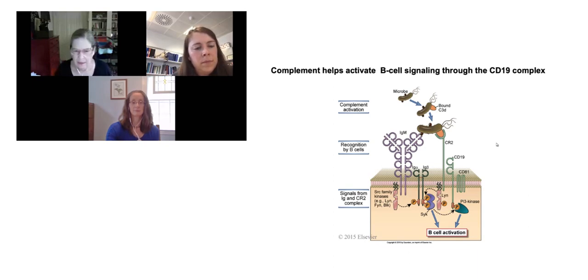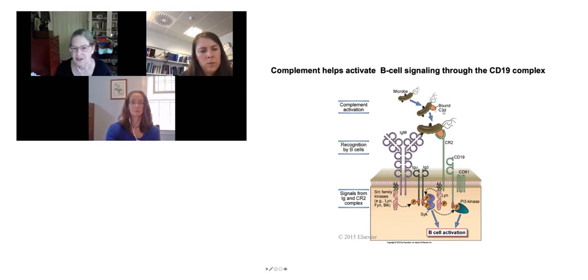Complement can also be activated a bunch of other different ways. And when complement gets activated, it creates this stuff called C3b. B is in boy. And that has a reactive group that if it's anywhere near a carbohydrate or a protein, it will bind to it covalently.